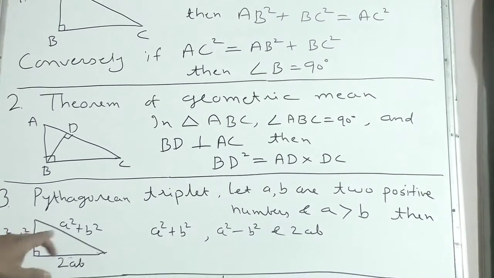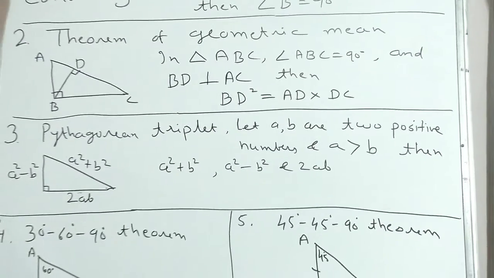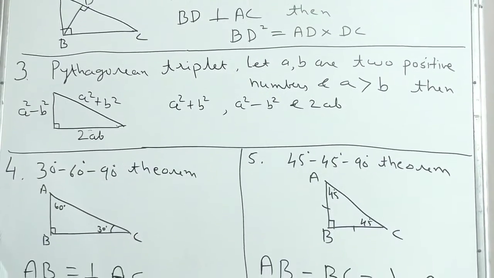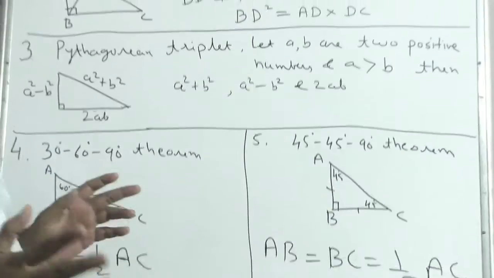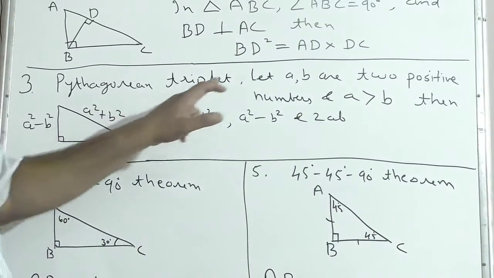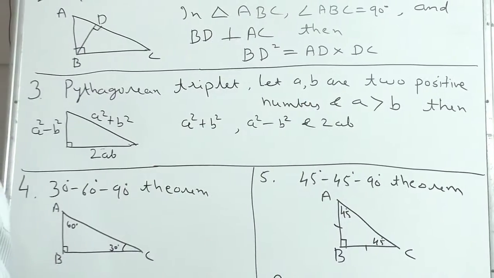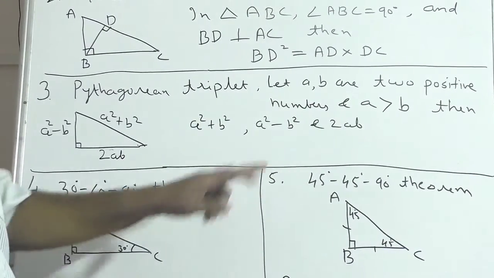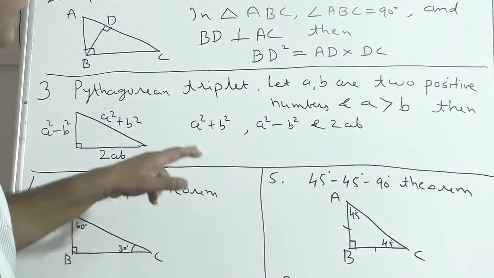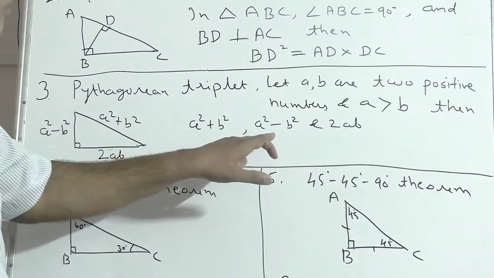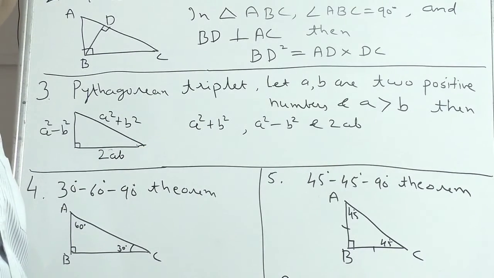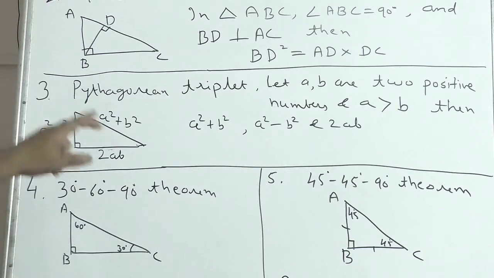Now three sides of a triangle. Okay. Mostly they are Pythagorean triplets. So what are Pythagorean triplets? If A, B are two positive numbers, of course, and A is greater than B, okay, then the three sides of the triangle, A square plus B square, A square minus B square, and 2AB. It is right angle triangle. See like this.